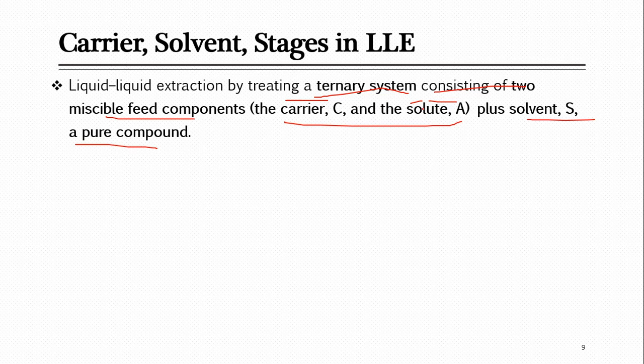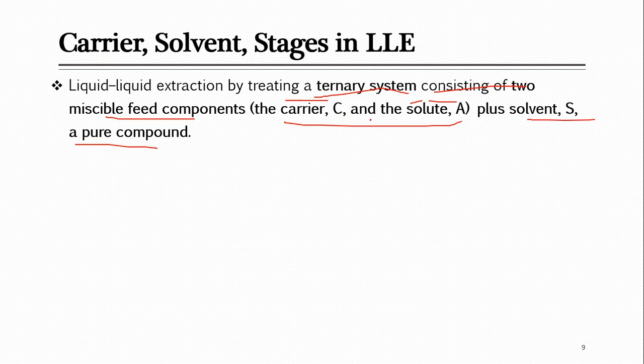Hopefully you know that our purpose is to remove this solute from this feed, to get this solute separated from the feed. It means that the solute should be miscible with the solvent. This solute should have affinity for the solvent. So when we select the solvent, it should be of such a nature that it can easily attract this solute from the feed, but it should not be miscible with the carrier.